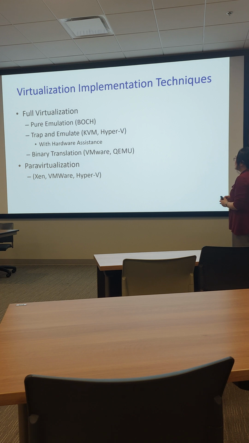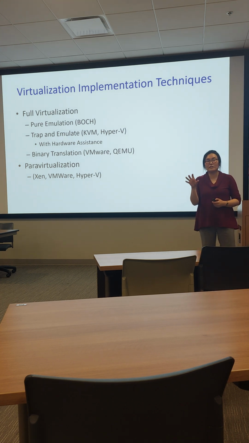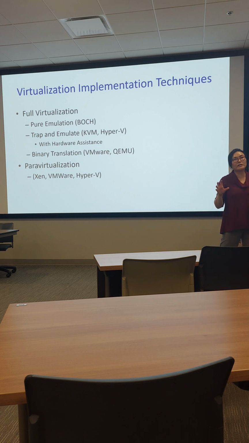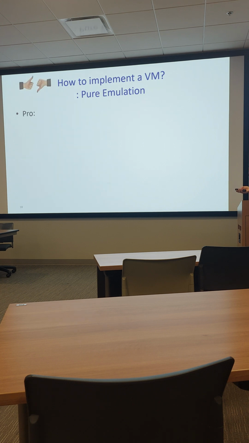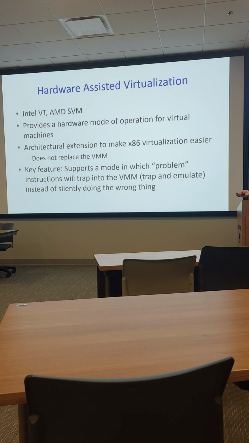Binary translation is a dynamic translation rather than using the exe code as a static one. Just before the execution, once it finds out the I/O access, it will translate the regular system call into a hypercall, a special system call. So that's what it does. And these are the examples. Okay. By the way, Hyper-V is the one that's used by Microsoft.